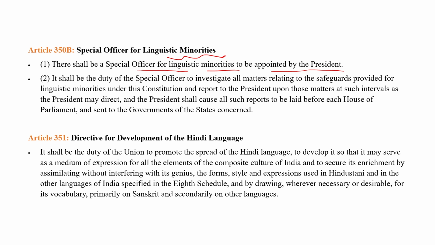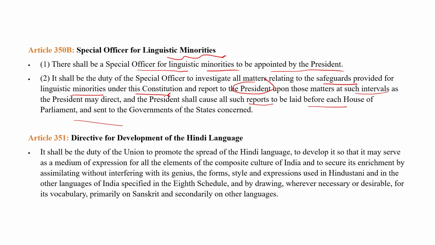It shall be the duty of the special officer to investigate all matters related to the safeguards provided for linguistic minorities under the Constitution, and to report to the President upon those matters at such intervals as the President may direct. The President shall cause all such reports to be laid before each house of Parliament and sent to the governments of the states concerned.